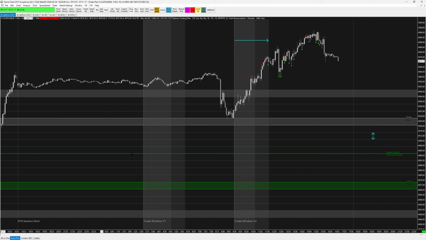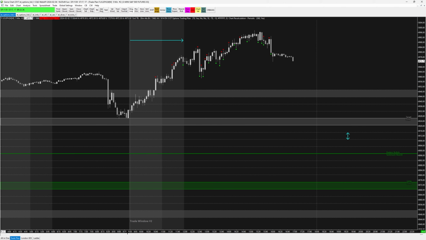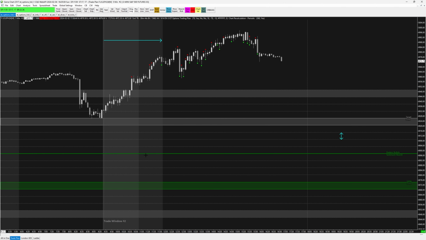But to simplify things, I'm going to show you the RTH session, so trade window number 2. And what would be the basic approach to entry and to exit the position?